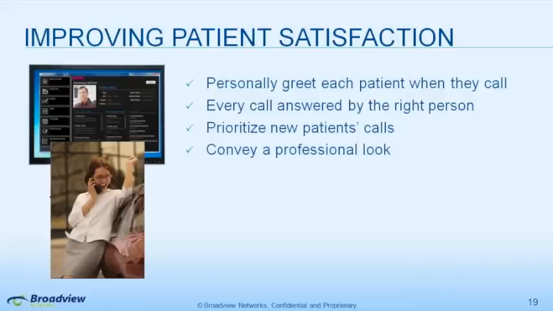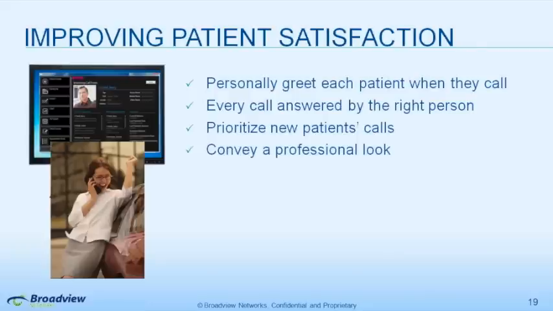Then making sure that the calls are answered by the right person. Well, I mentioned before that you can use skill-based routing or, for example, language. If somebody speaks Spanish and you want all the calls to go to the Spanish-speaking person at the dental practice, then you can set up the system so that call always gets to the right person.